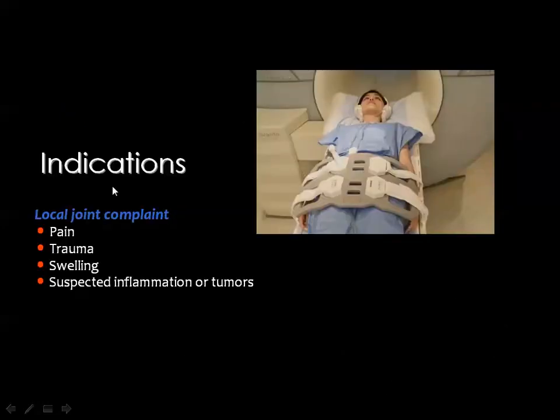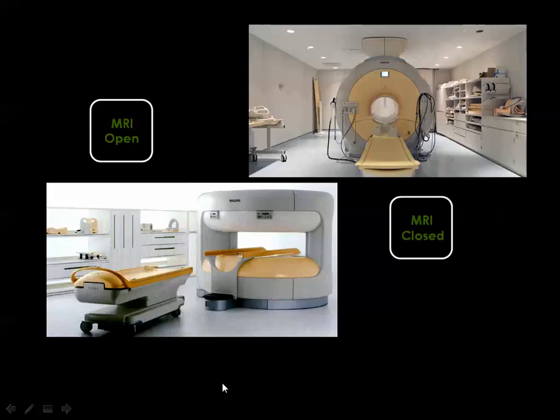These are the usual indications for evaluation of any joint in the body, including pain, history of trauma, swelling, and suspected infection or tumors. And we use the body coil for evaluation of both hips together.